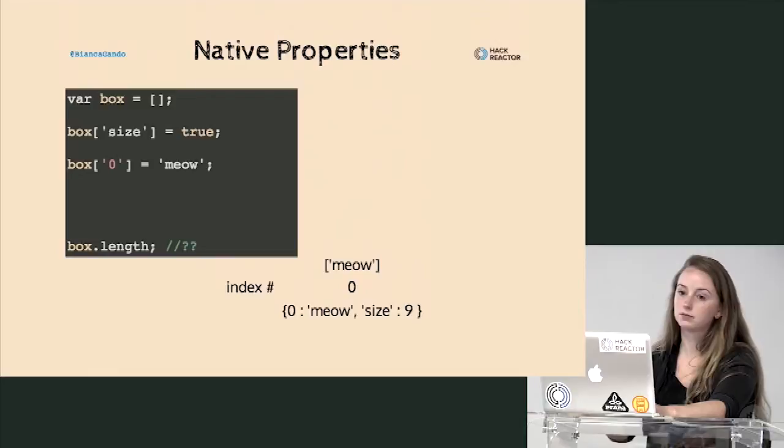If I have an object with an attribute called length, push, pop, etc., will it be an array? If the length property is keeping track of the numerical indices every time you add something to it, then yes. If you use object notation and you add those properties to it, it's not going to make it an array.